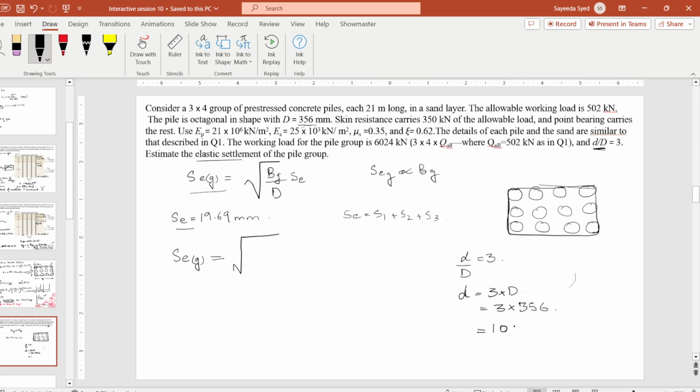So we will be taking the larger of the two, into 1068 plus 356. So our BG equals 3560.